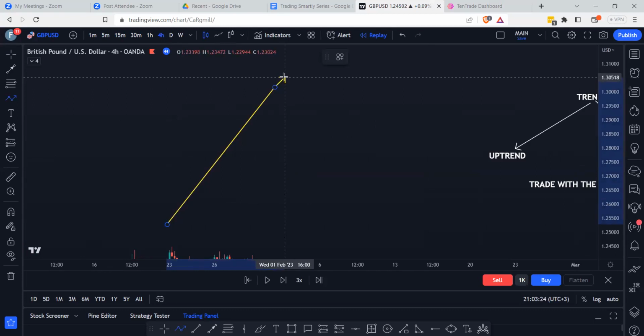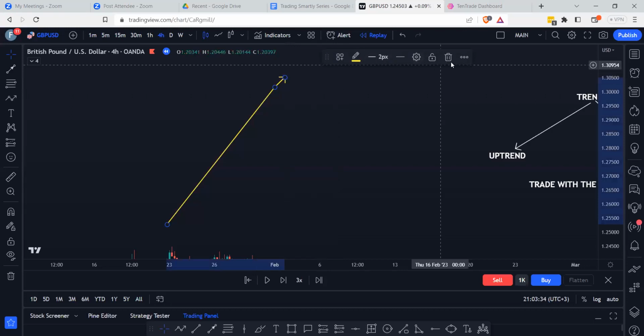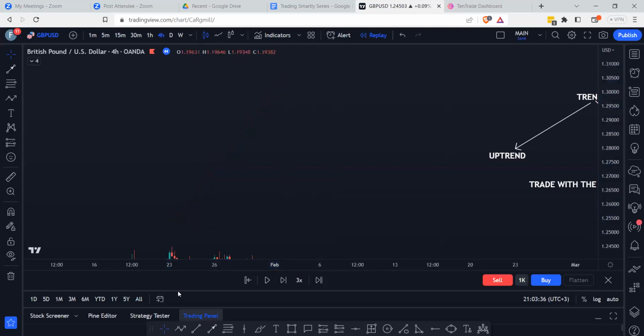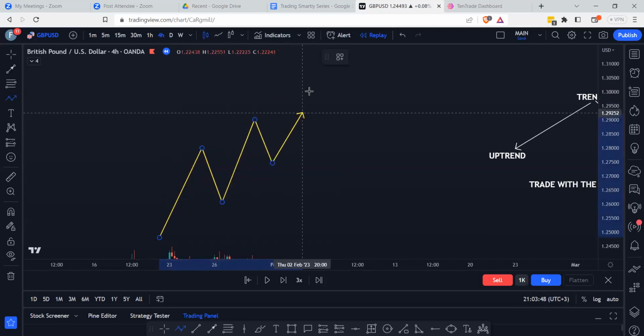Price does not go up in a straight line. If price is going to go up, price is going to move in trends. Trends like so. You see price going up like this, like this, like this. So this is how an uptrend looks.